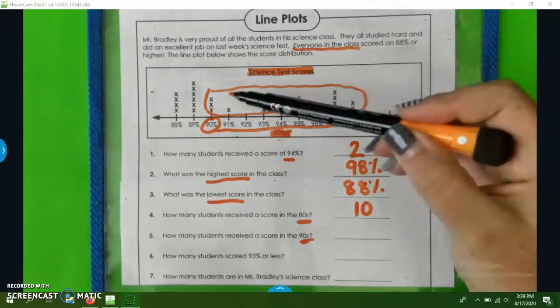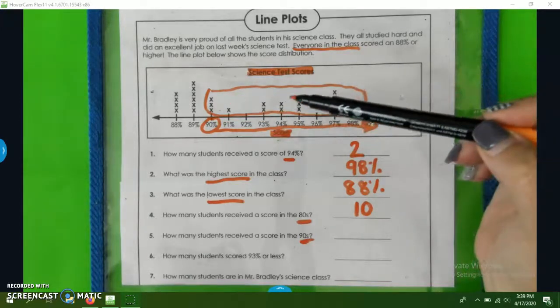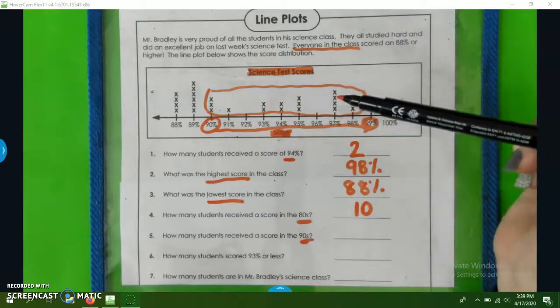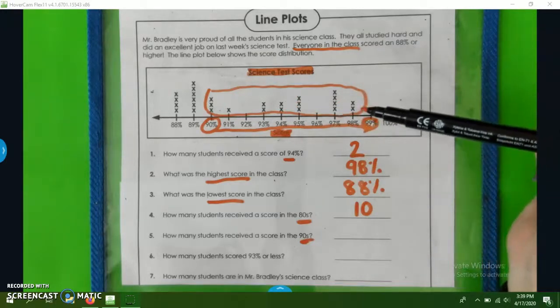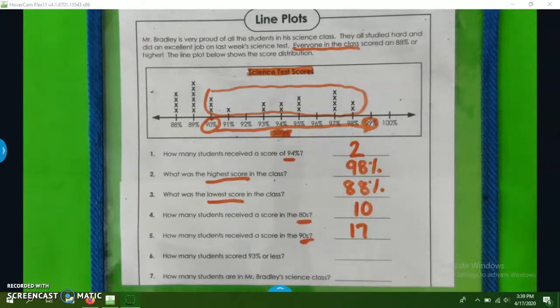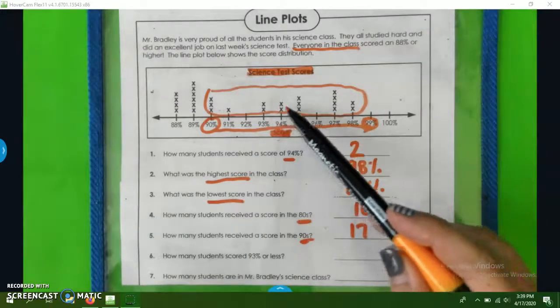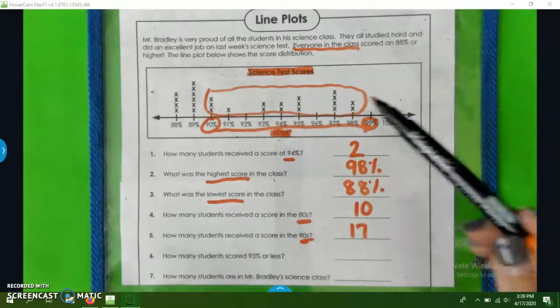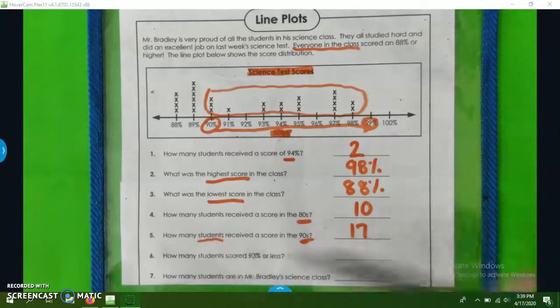So go ahead and count those up. What did you get? 17 students in the 90s, because there's 17 X's, which represent 17 scores, which represent 17 students.